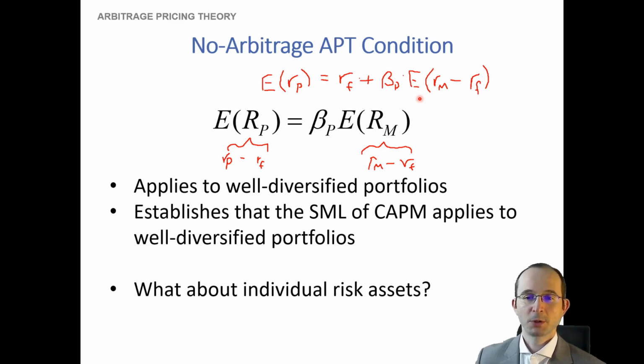Why do we throw in those two disclaimers, virtually certain and most risk assets? Well, because we can actually still have some individual risk assets that violate the arbitrage pricing theory, but maybe they're not in all portfolios, or they're just a small part of well-diversified portfolios, so they don't cause those portfolios to violate the APT relation with the CAPM beta, or at least not very much, but they themselves might violate it.